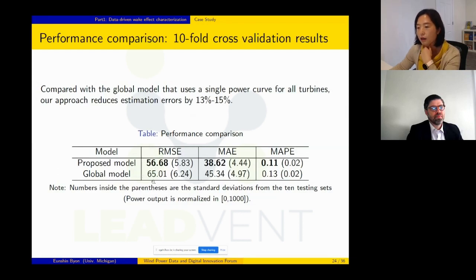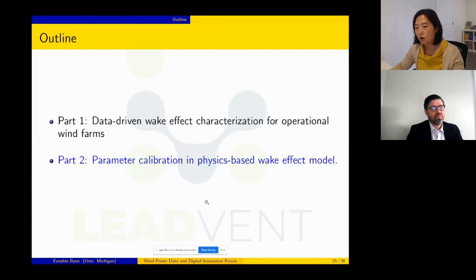We can see that when we use the global model, its RMSE, MAE and MAPE are much larger than the proposed approach. So by considering wake effects or turbine-to-turbine variations, we can reduce the estimation errors by 13 to 15%. This is the end of part 1, and now we move on to part 2.